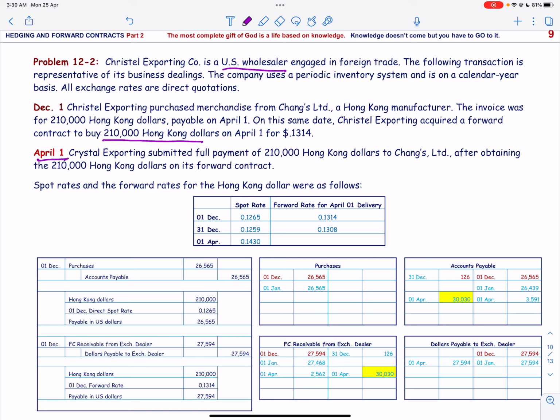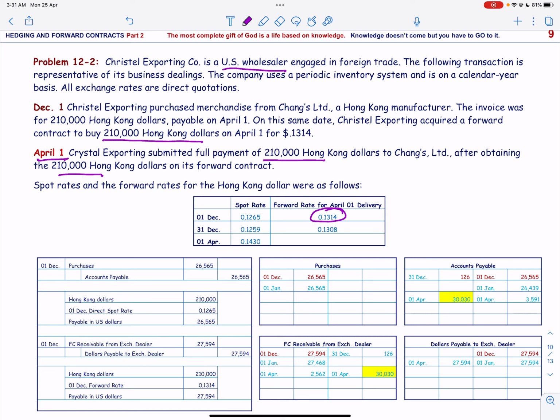On the same date, Crystal Exporting Company acquired a forward contract to buy 210,000 Hong Kong dollars on April 1 for 0.1314. So let me show you what happens.